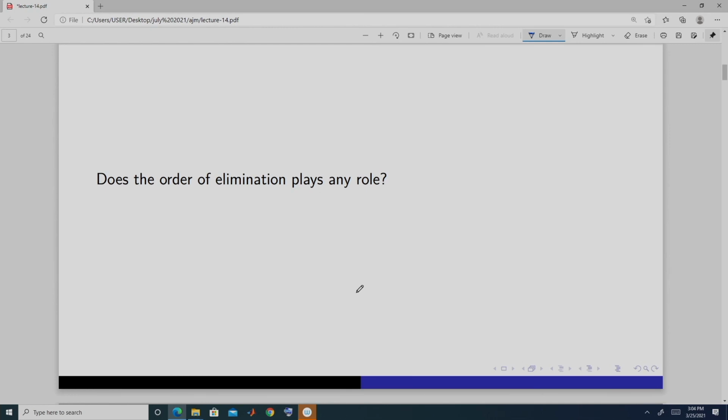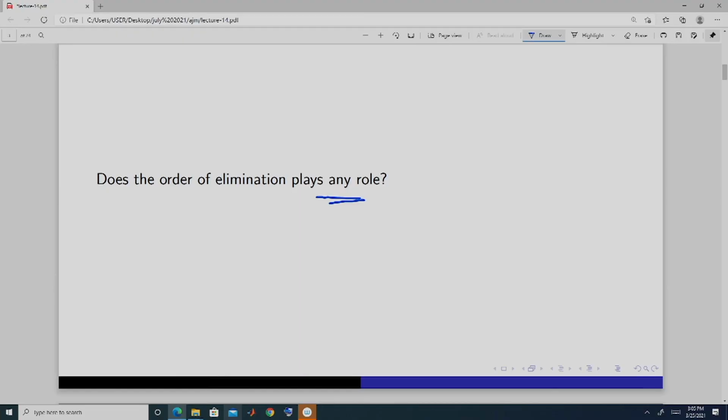Now, the question is, does the order of elimination play any role? Meaning, if we start the elimination from the strategies of player 1, then do we get the same outcome as when we start the process of elimination from the strategy set of player 2? So, let us do one example and then see what happens. Suppose we take a game of this form.